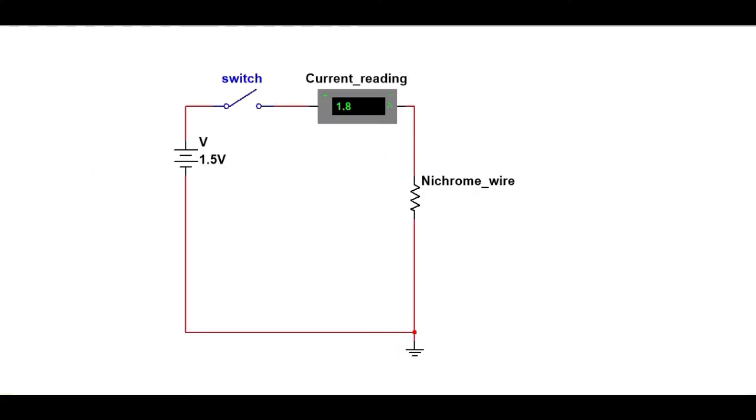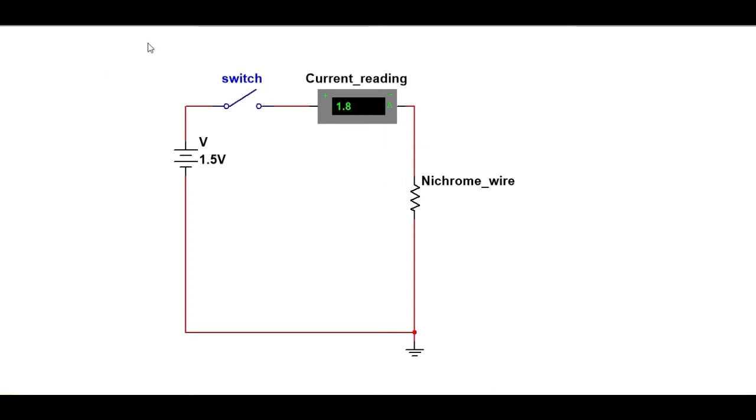So we are going to simulate the actual experiment done by the German physicist Georg Simon Ohm. We have here a single cell battery. Our battery is around 1.5 volts, passing through a switch, through the current reading, and to our nichrome wire.